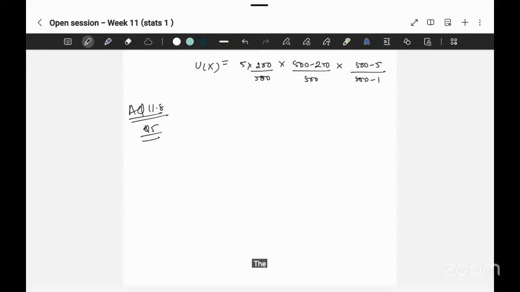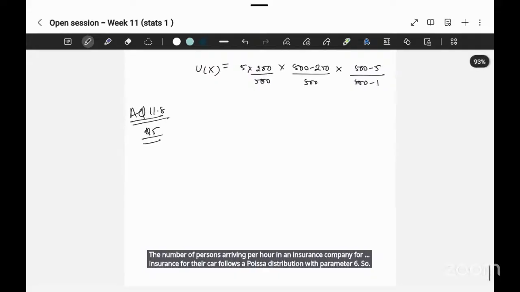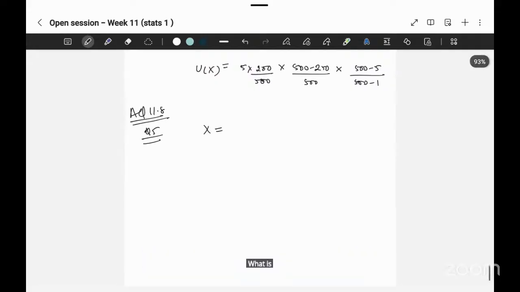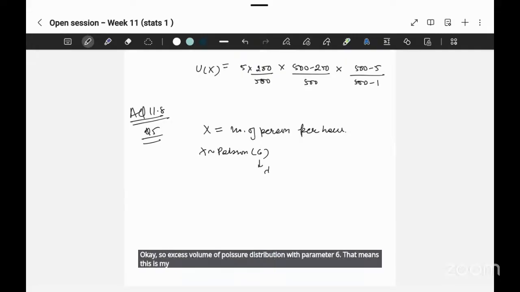The number of persons arriving per hour in an insurance company for car insurance follows a Poisson distribution with parameter 6. So X is the number of persons arriving per hour. X follows a Poisson distribution with parameter 6, that means this is my lambda. Find the probability that exactly 7 people will arrive during any 90-minute period.